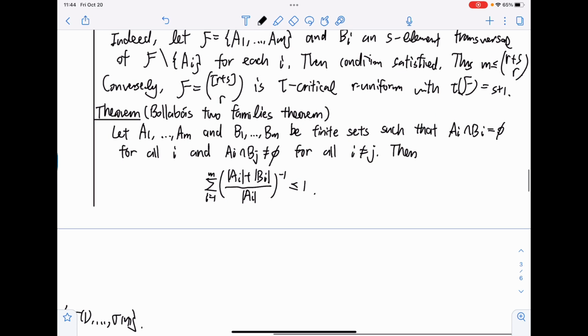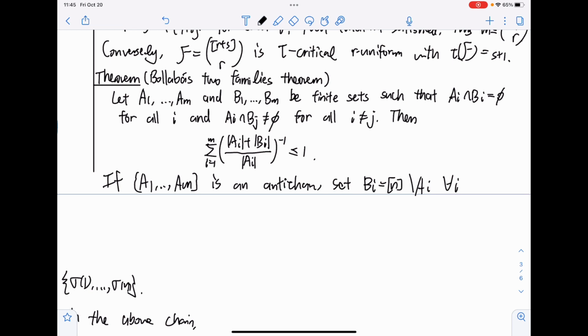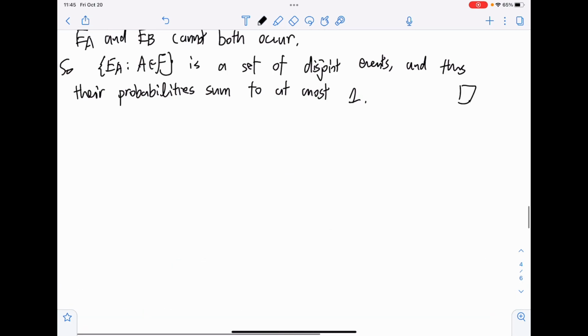Note that Spencer's theorem and the LYM inequality are special cases of this theorem, since if A_1 to A_M is an antichain, we can set B_i to be the complement of A_i for all i, and it will satisfy the hypothesis, which gives Spencer's theorem and the LYM inequality.